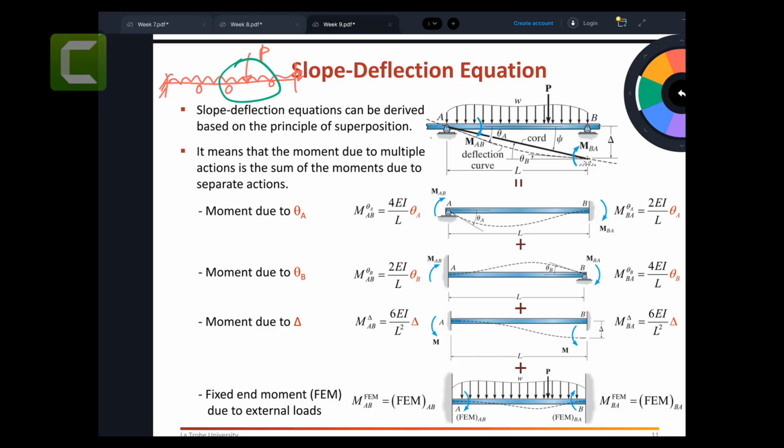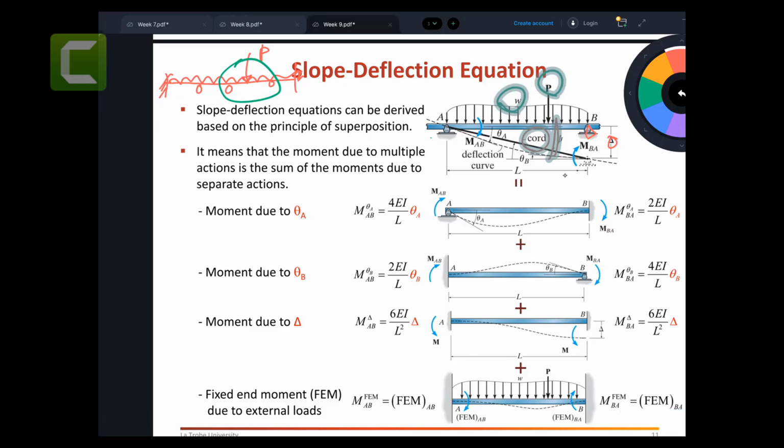I hope it is understood that this is a portion of your beam, a small part cut from the whole beam, where each has a UDL load W, it has a concentrated load P, it has a settlement. This support B is settled by delta. It has these chord rotations. The chord rotation is psi. It has these friction moments, deflection curves, and everything is there.